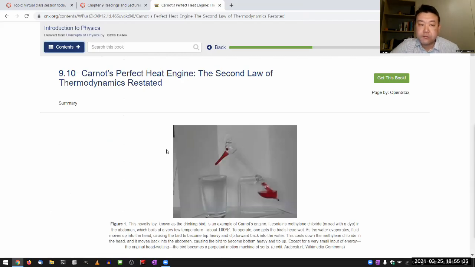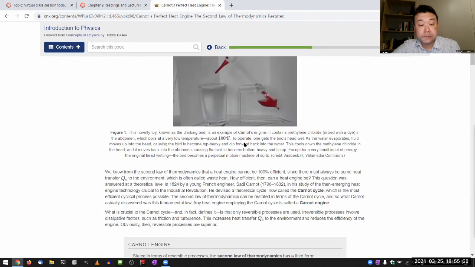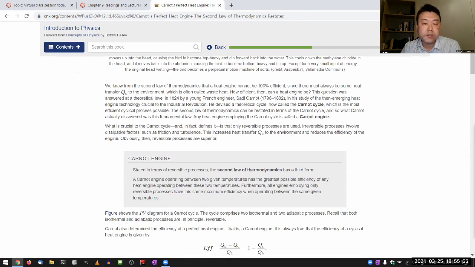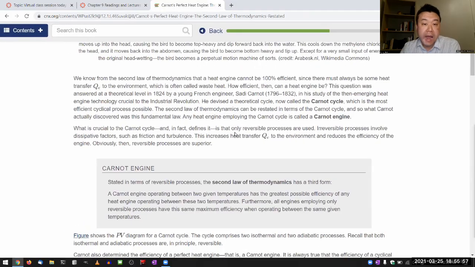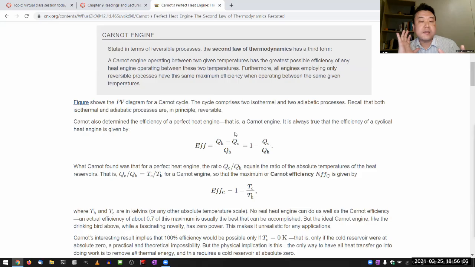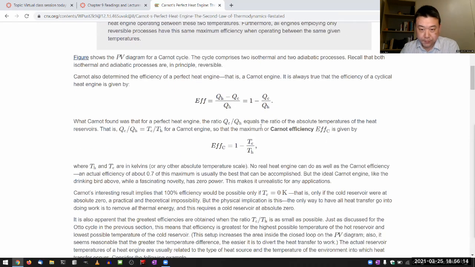It doesn't exist in the real world because a real Carnot cycle would take forever to complete. So I first want you to understand that when we talk about the Carnot engine, we're talking about an idealized theoretical engine. There's so much idealization that it cannot possibly exist. We are just using it as a tool to explore the limits of efficiency, which we'll get to here.